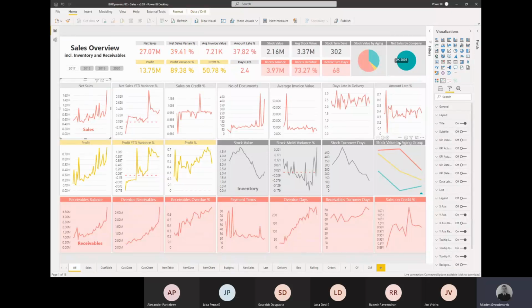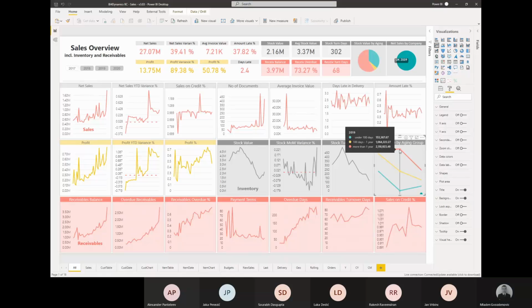Because probably here, this one here has 2020. This is 2018. We intentionally have information in here by year. You see 2020 on the top left corner, and this is 2019, top left corner, and 2021.